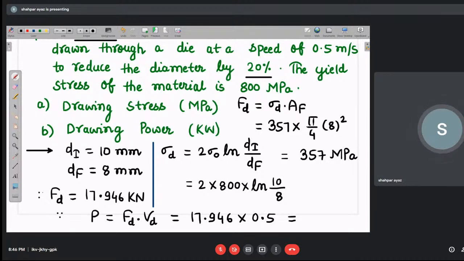So this we are going to get 8.97 kilowatt. Is that clear, all of you?